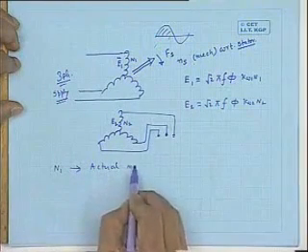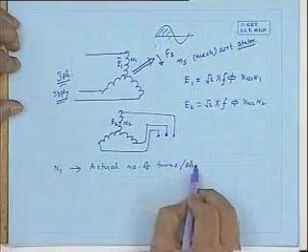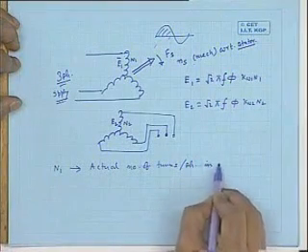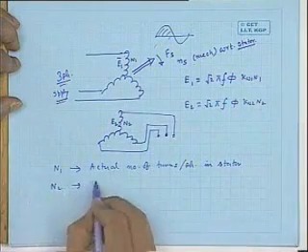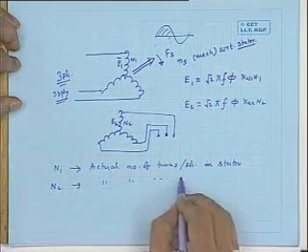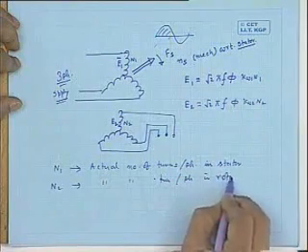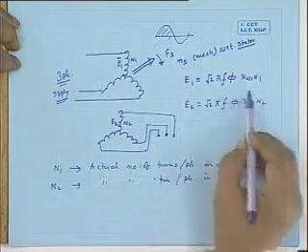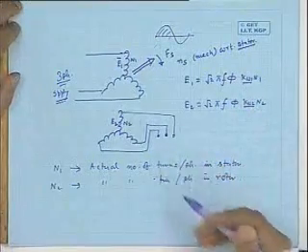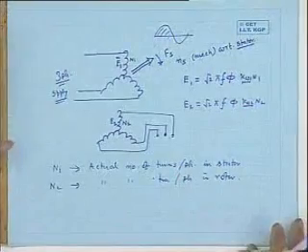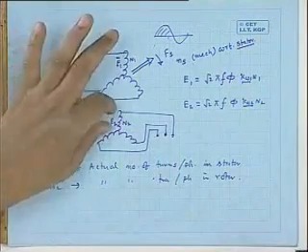N1 is the number of turns per phase of the stator, the actual number of turns. And what is N2? N2 is the actual number of turns per phase in the rotor. And KW1 and KW2 are the respective winding factors of the stator and rotor windings.